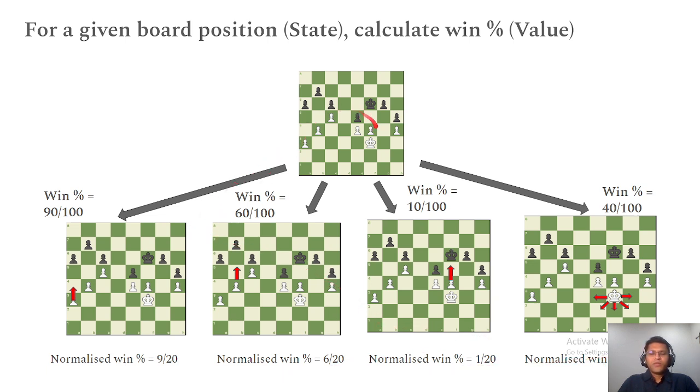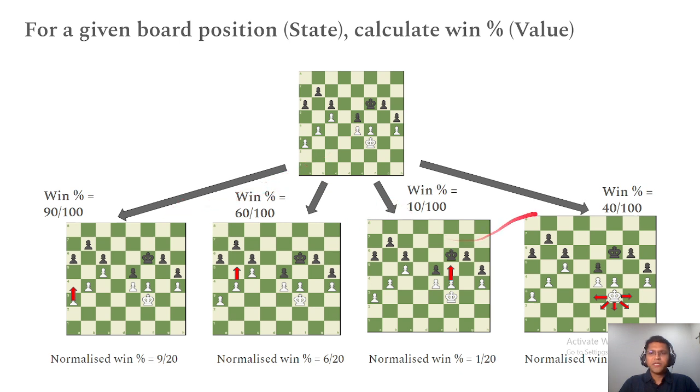So this is just taking a particular position, going with that position, playing hundreds of games, keeping a count of how many games you win, and keeping track of the win percentage for each of these board positions. Once we have such data, how do you choose the best move for this position?